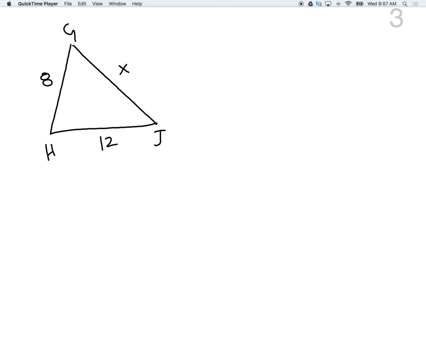How long is X is what I meant to say. Give me a number. 13. So if X is 13, that would mean that 13 is the longest side. Does 8 plus 12 equal a number greater than 13? Yep. Beautiful. That wasn't so bad, was it?